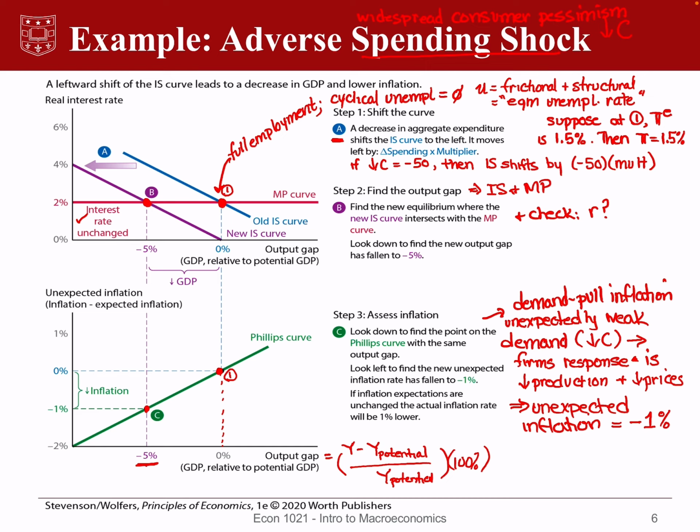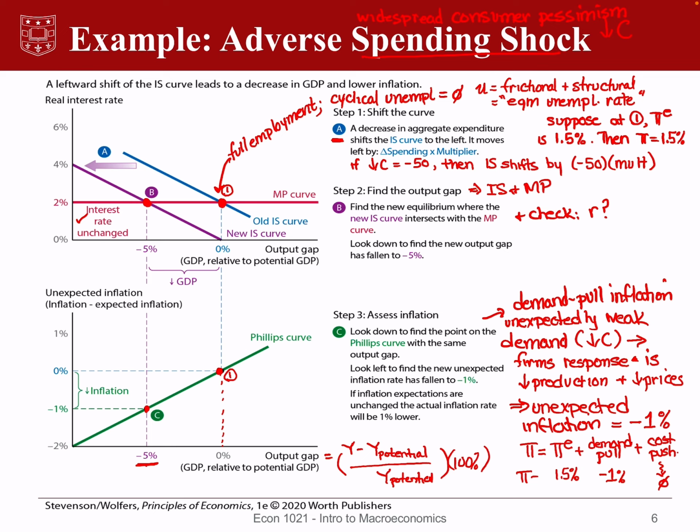So again, we remember that when we defined inflation, the actual inflation that occurs in the macroeconomy is the expected amount plus any demand pull inflation plus any cost push inflation. And in this particular case, we don't have the Phillips curve shifting, so that's 0. This is negative 1%. We said, let's suppose that the expected rate of inflation is 1.5%.